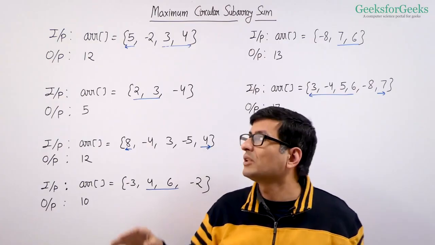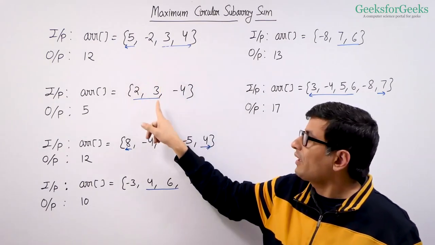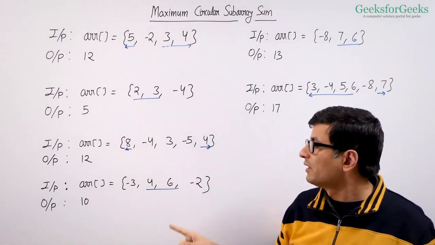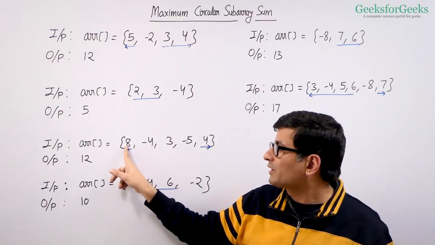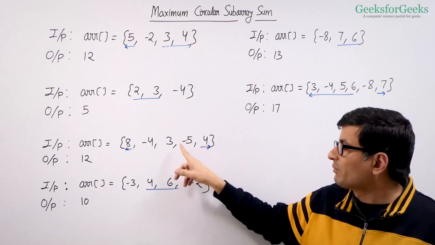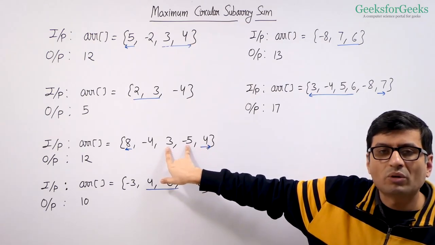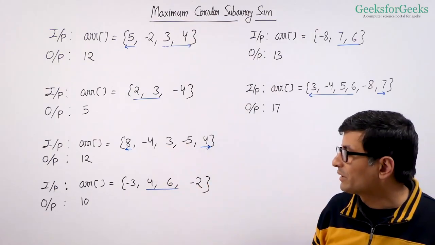Out of all these, we get the maximum sum as 3, 4, 5, which is 12. Let's see this. In this we get the maximum sum as 2 plus 3, 5. Let's see this example. In this example, we get the maximum sum as 8 plus 4, 12. We can't get more than 12. For example, if I consider these two elements also, I'll get minus 2 added to it, which will reduce the sum to 10. So 12 is the maximum answer.